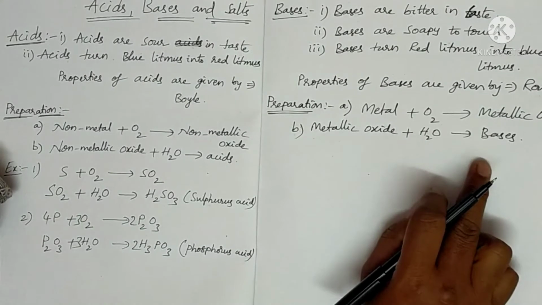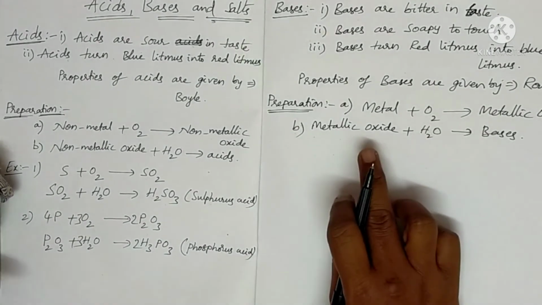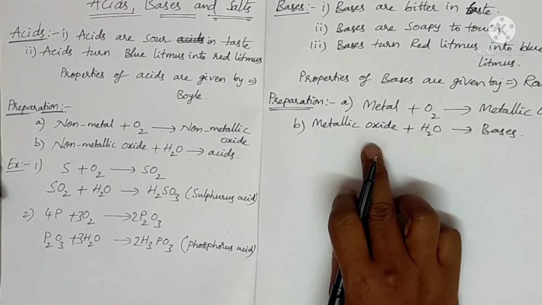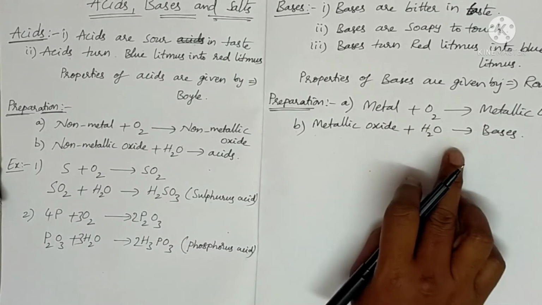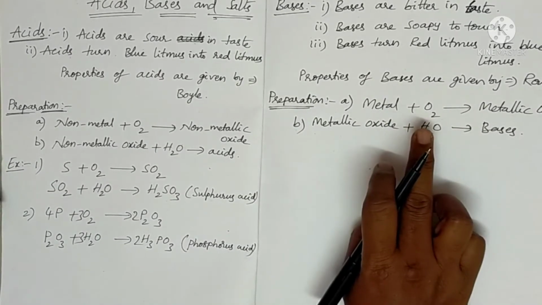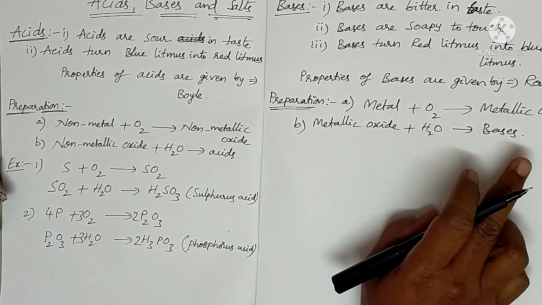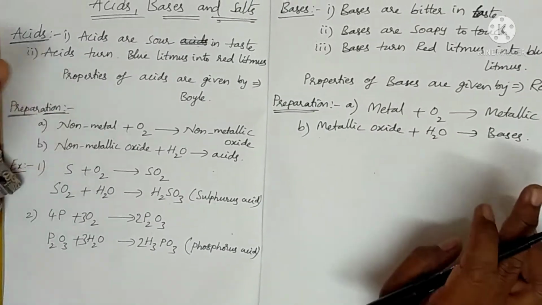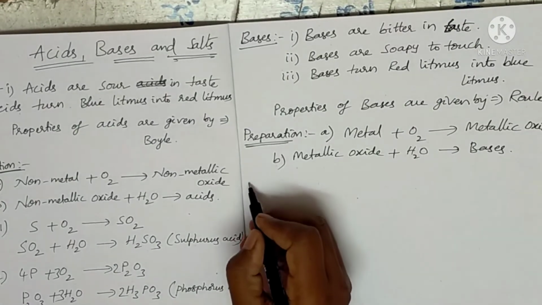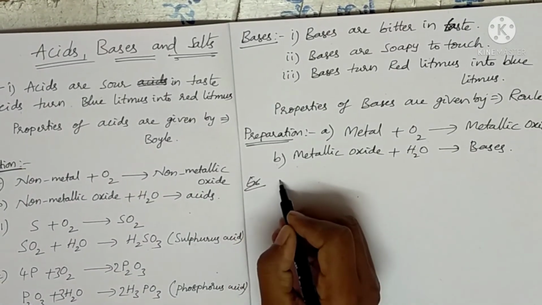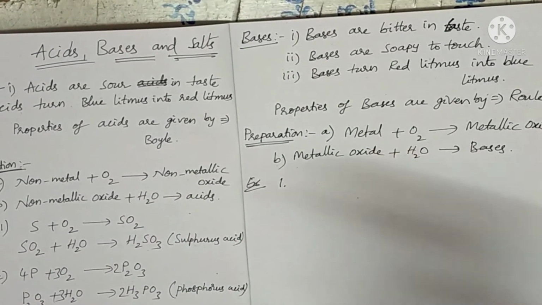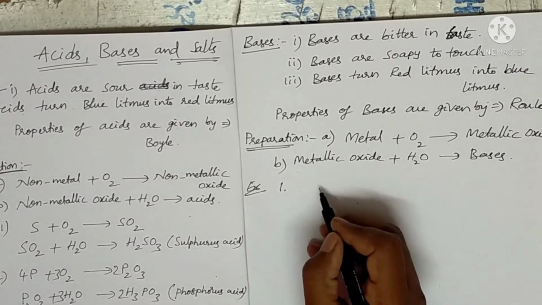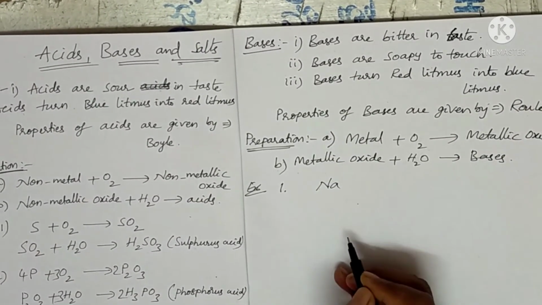So bases are prepared from metallic oxides dissolved in water. I will explain with examples. First example, one metal I am taking: sodium is a metal.